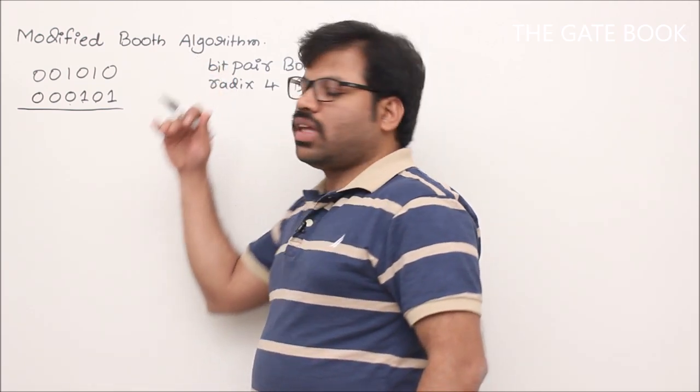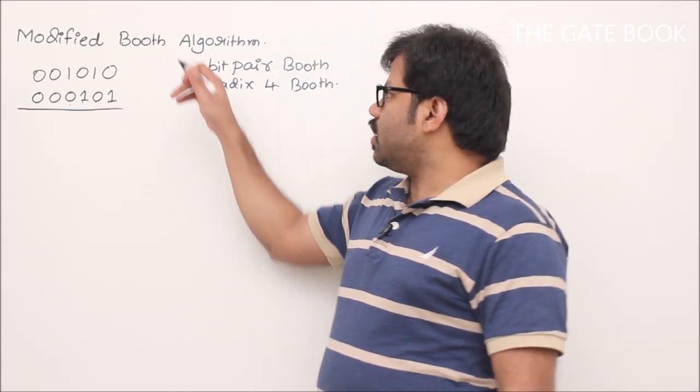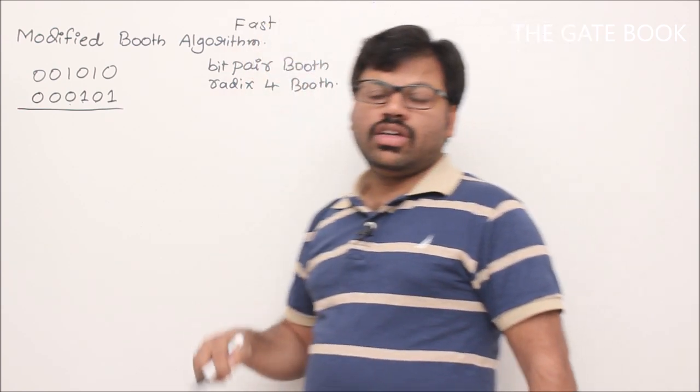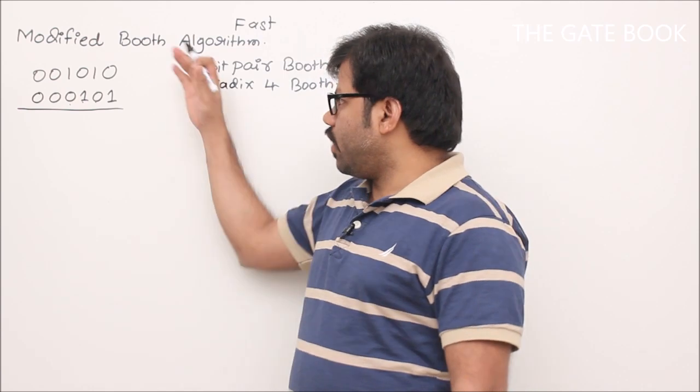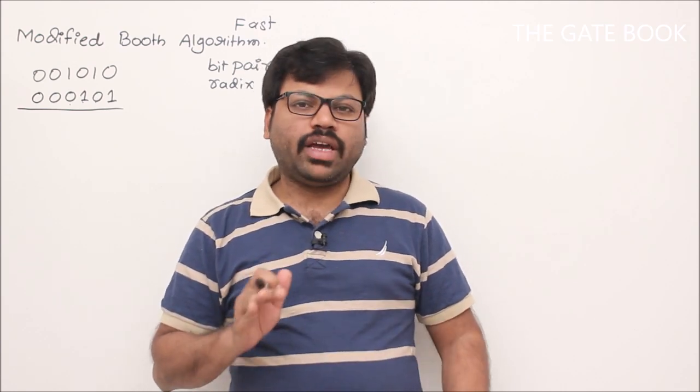So in the modified Booth algorithm, the target is reducing the number of summands. That's why this comes under the classification of fast multiplication algorithms. Because of this modification to the Booth algorithm, the number of summands will be reduced by n by 2.